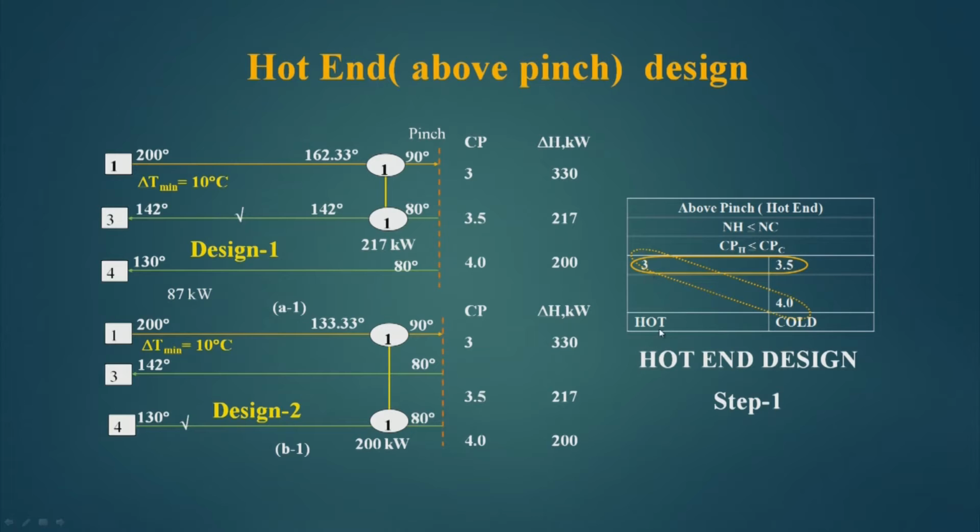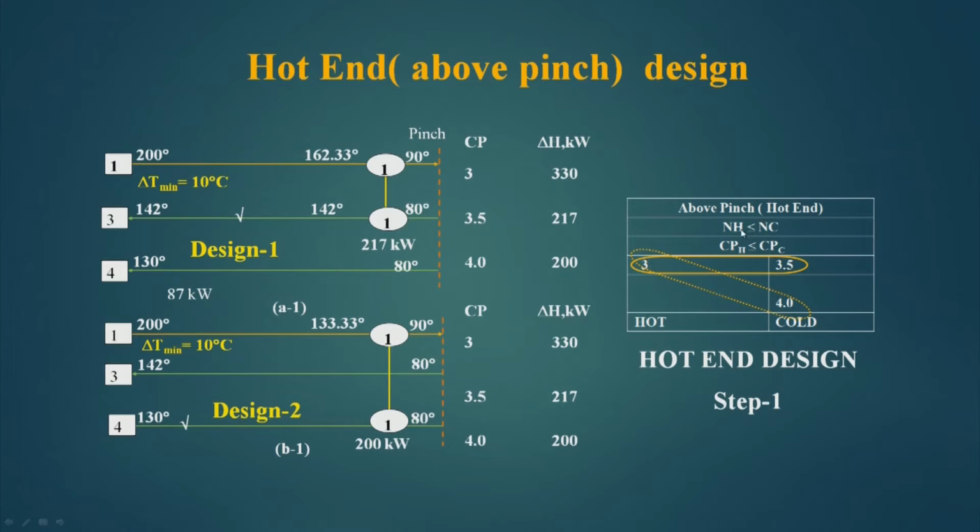Here it shows that only one hot stream is present and its CP is 3, and 2 cold streams are present whose CP is 3.5 and 4. Same is repeated here, 4, 3.5 and 3.